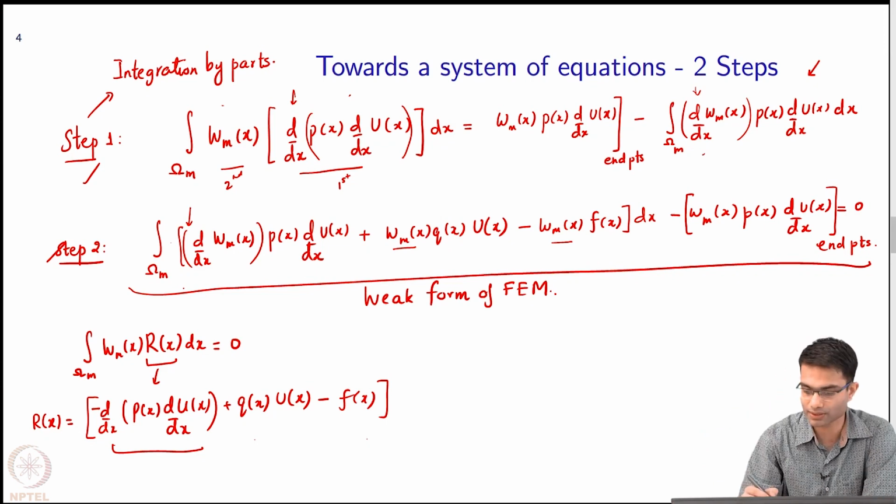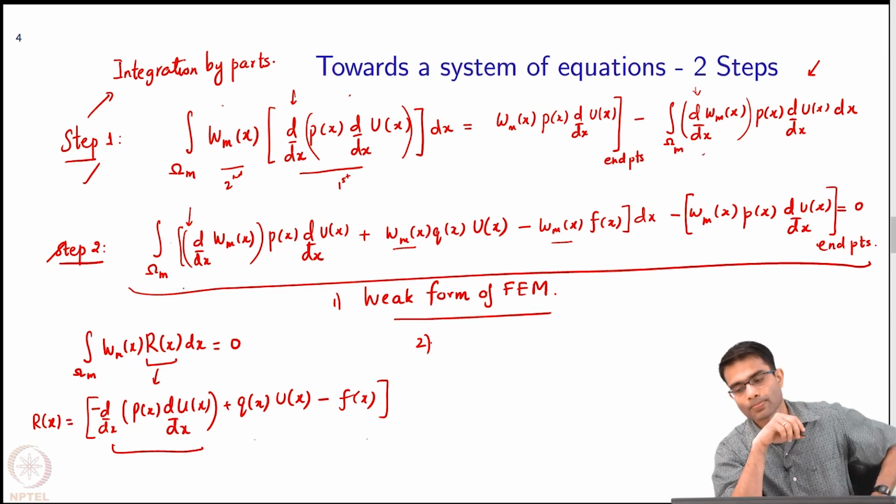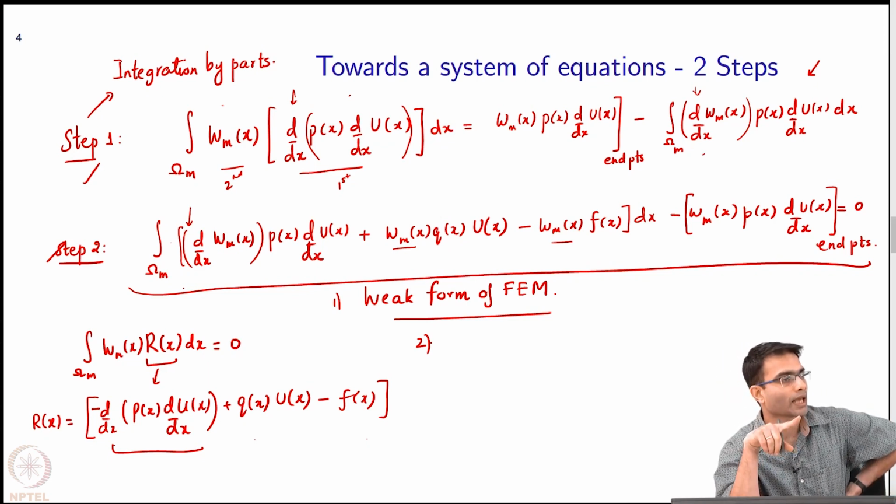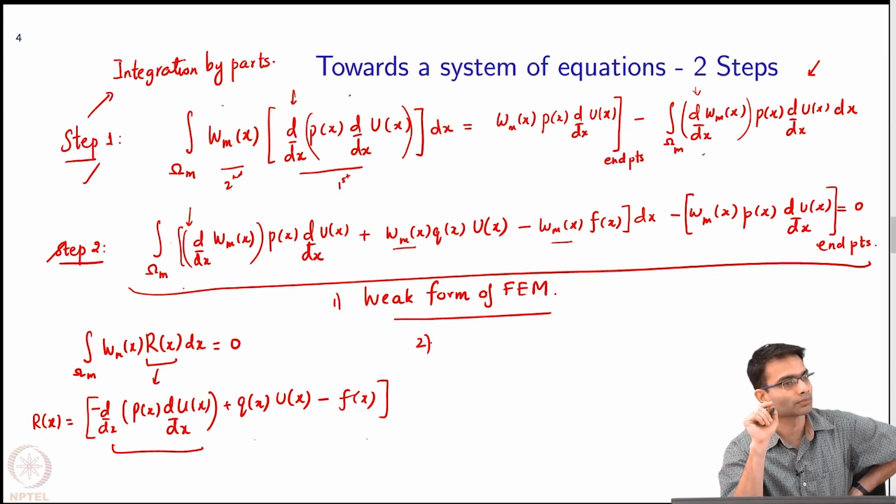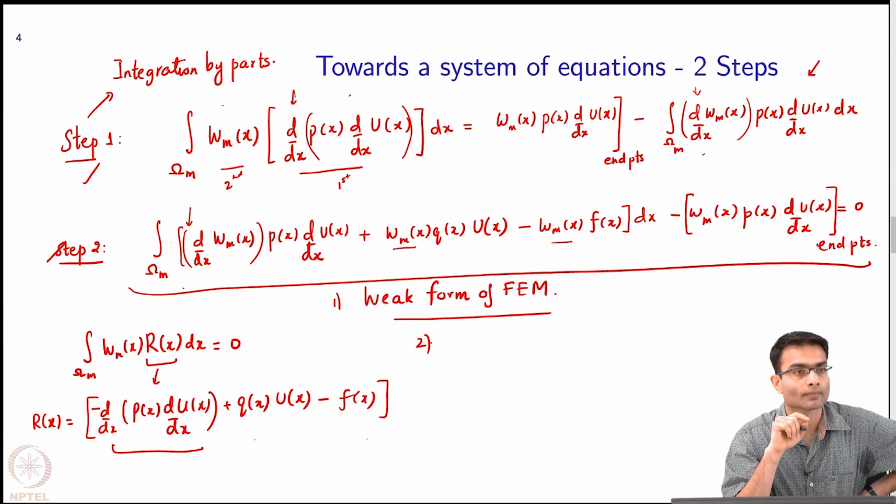So that is the first thing, this is the weak form, that is the first thing I want to mention. The second thing is, notice that this one equation has inbuilt into it information about the entire problem, not just the differential equation but the boundary conditions also. How is that? The endpoints, right?